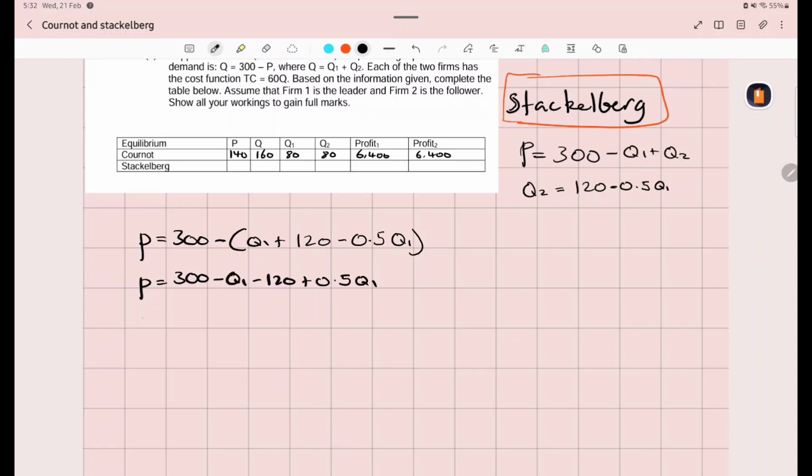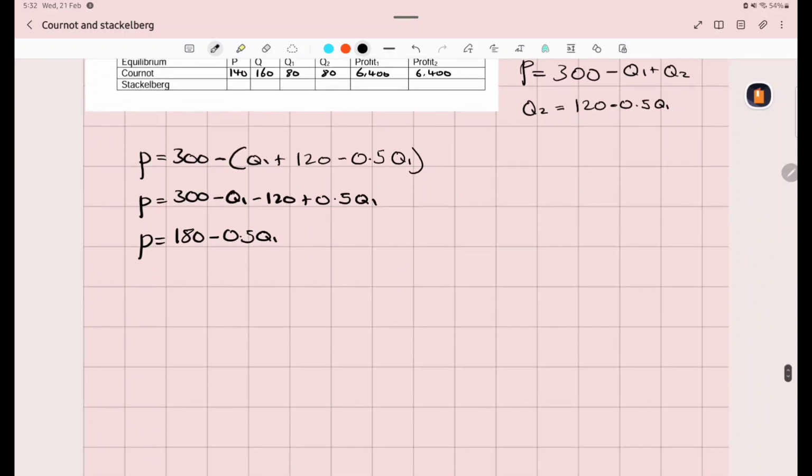Combining like terms. And now we have a simplified version of the price function.